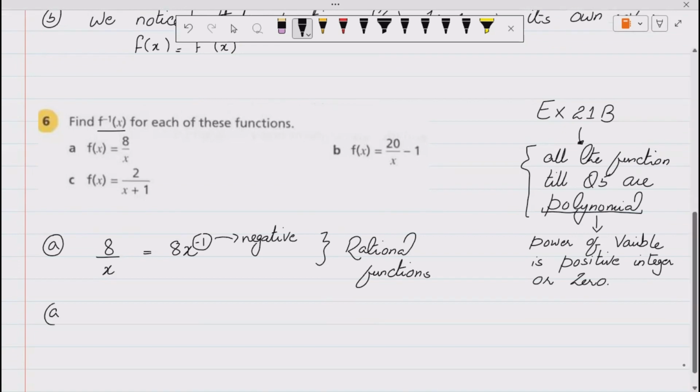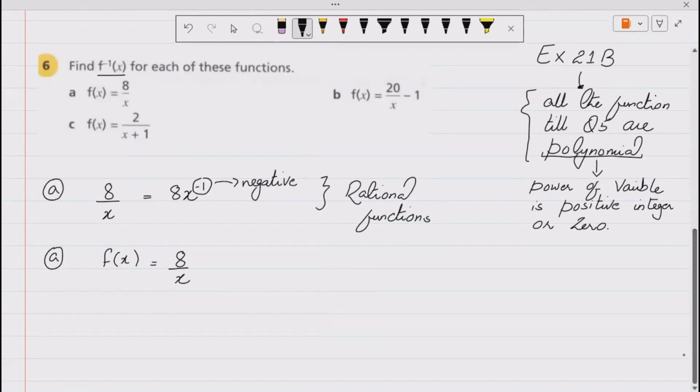So let's do part A. Part A is f of x equals 8 over x. The steps are again similar. First, f of x becomes y, so y equals 8 over x. Now x equals 8 over y.